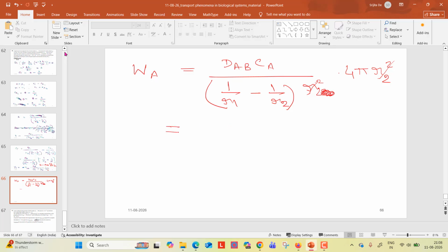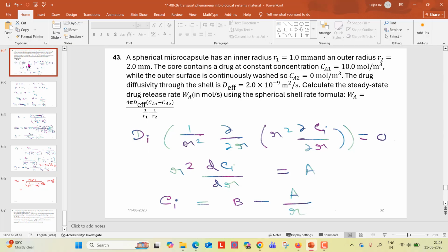So now all the values are known. So 4 into pi into DAB is given as, first we'll calculate 1 by R1 minus 1 by R2. Because it is in millimeter and diffusion coefficient in meter square, you have to check the unit.